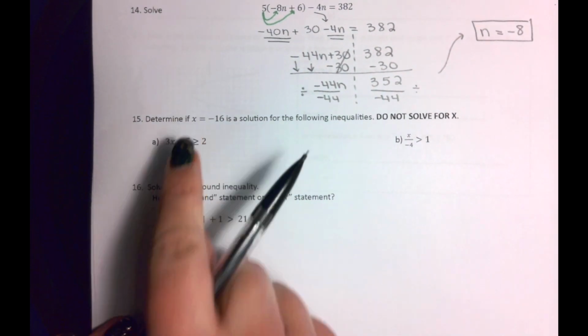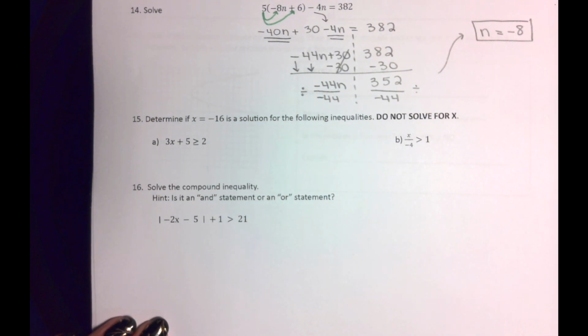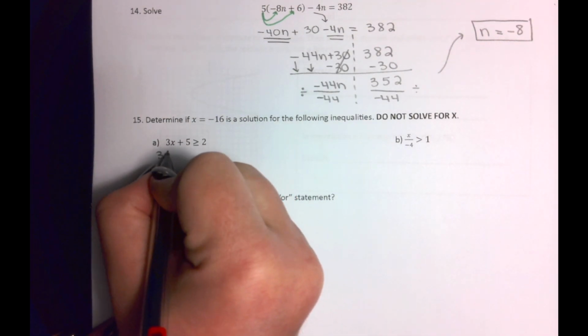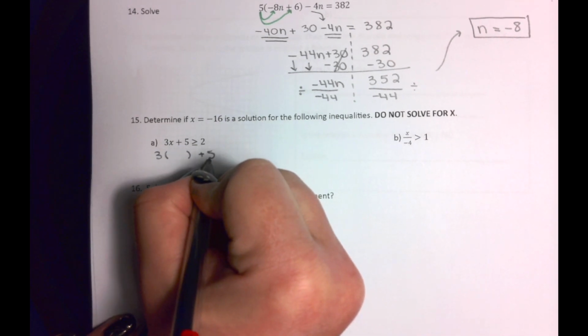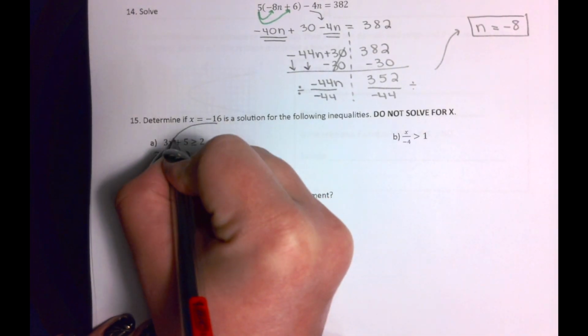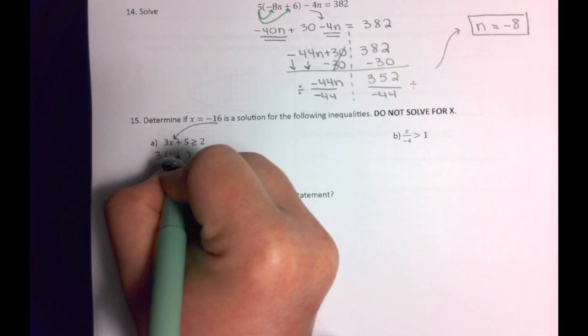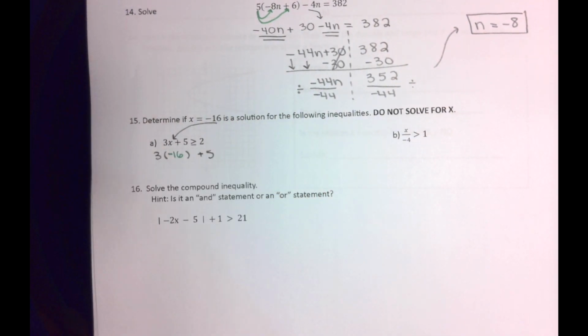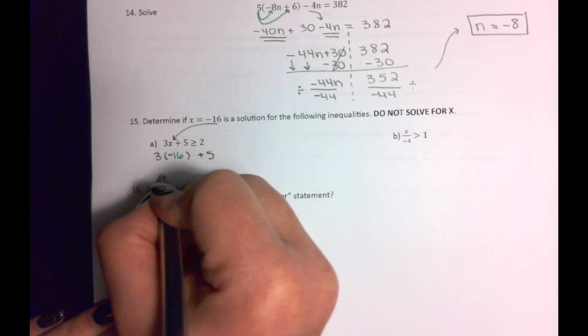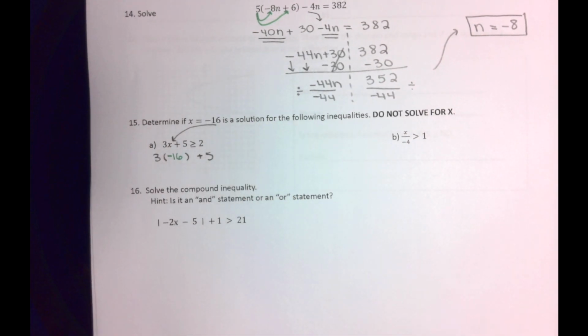Determine if x is equal to negative 16 is a solution. Do not solve. So what this question is asking, do you have a true statement or do you have a false statement? Can negative 16 be an answer? So when you do that, you're going to open up where your x is. You're going to take that negative 16 and you're going to place it in the spot of your x. You're not actually going to do any dotted lines, nothing like that.